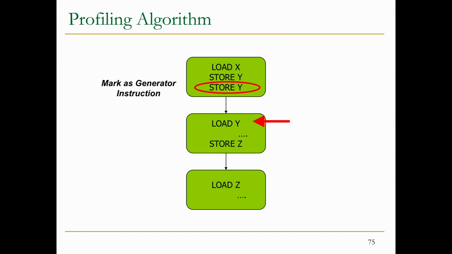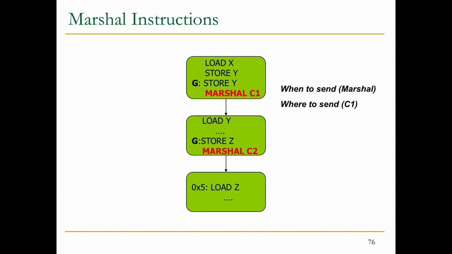And if there are multiple generator instructions during the profiling run, you mark multiple of them as generator instructions. Right? Okay. And then you need to insert these marshal instructions. So marshal instructions actually identify two things. First, when to send the data produced by the generator instructions, and second, where to send the data produced by the generator instructions.